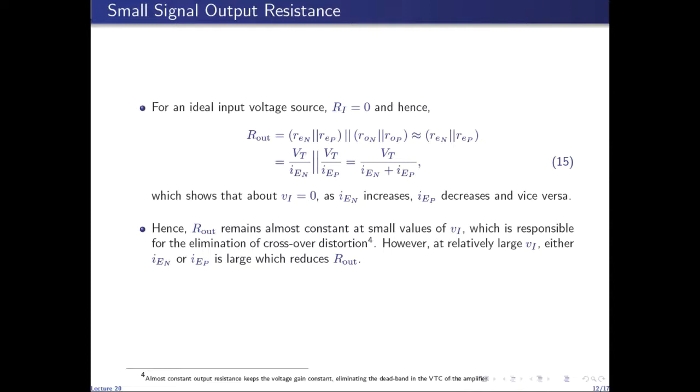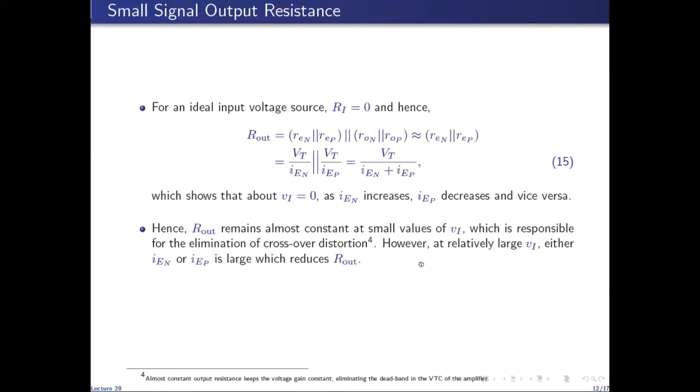And since the slope of the voltage transfer characteristic is equal to the voltage gain of the amplifier, the slope of the VTC remains constant about the origin, which essentially eliminates the dead band in the VTC, because in that dead band, where we do not have any output, the slope is 0. So if the slope does not change, there is no dead band in the VTC, and hence the crossover distortion in the output is eliminated.